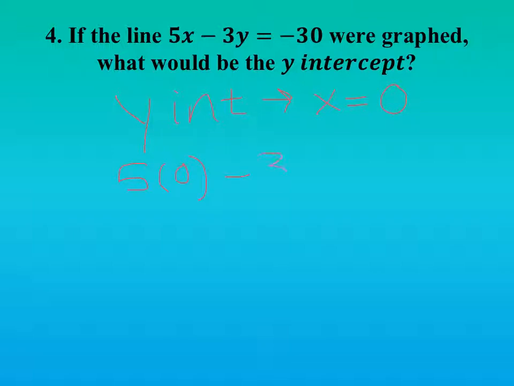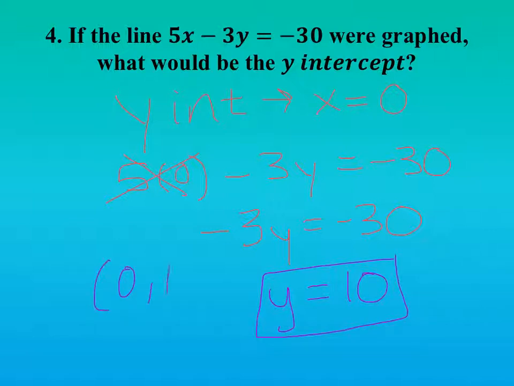I get 5 times 0 minus 3y equals negative 30. Well, what's 5 times 0? Nothing. So then we get negative 3y equals negative 30. Now we just need to divide by negative 3 on each side. We end up getting y equals a positive 10. Boom, you're done. But don't forget, it's not just 10, it's 0, 10.